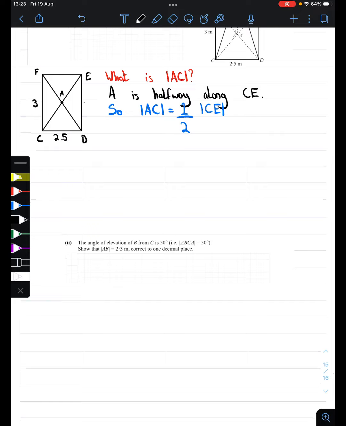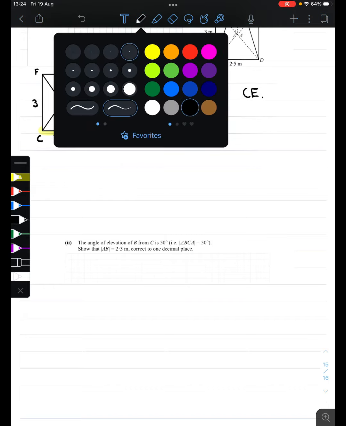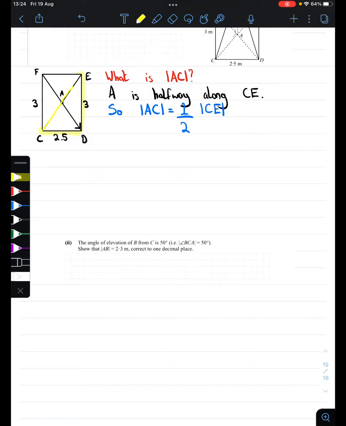And since this is a rectangle with a right angle here, then we can just look at this triangle here. Let me just do this out. This triangle. And we have a right angle triangle, so we can just think of Pythagoras' theorem, a squared plus b squared equals c squared.